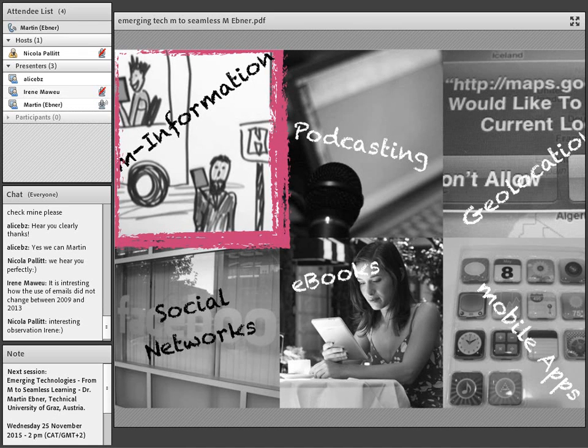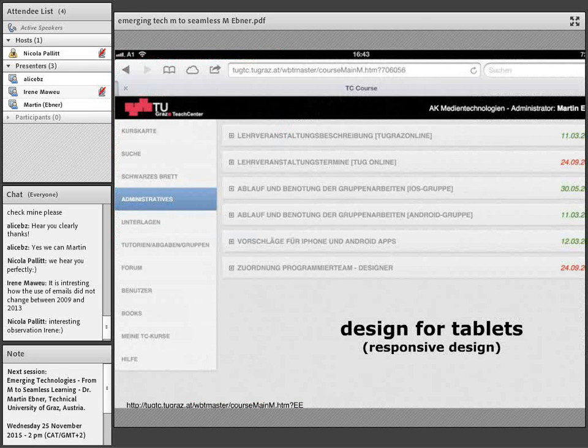First of all, if you take a look at mobile information, I guess that is maybe the most important point, because what my students and my learners would like to have is real access to information on the move. Therefore, we are building mobile websites.